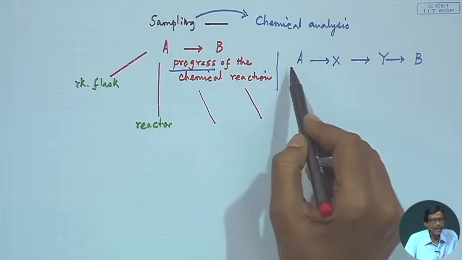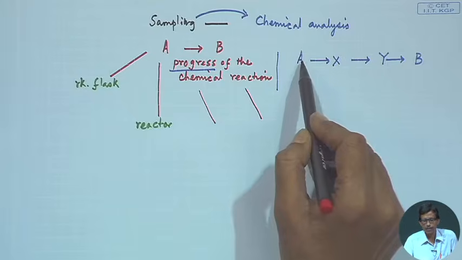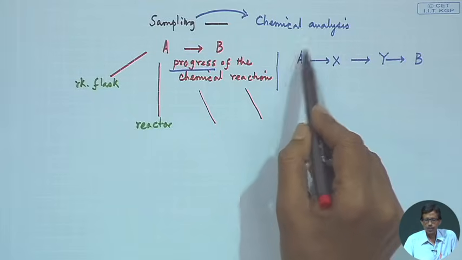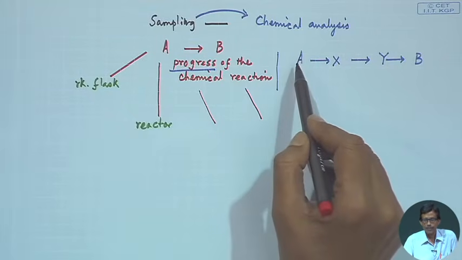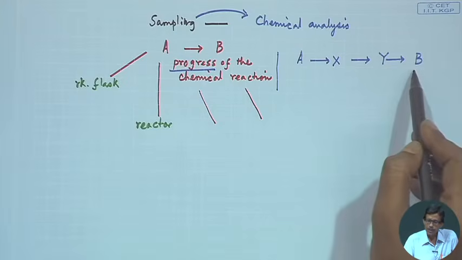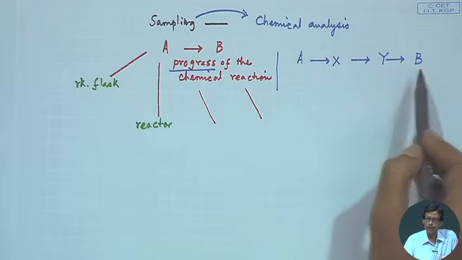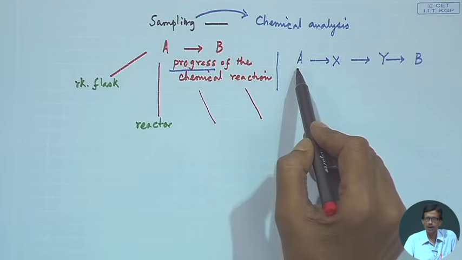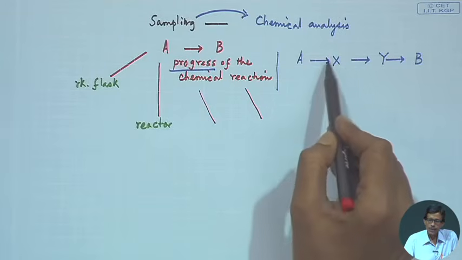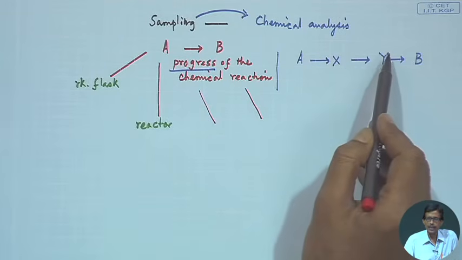So, typically the entire concentration of A is not there. The concentration of A is decreasing, but we are not able to get the right concentration of B, whatever amount of A is being lost. So, these intermediate concentrations are there.